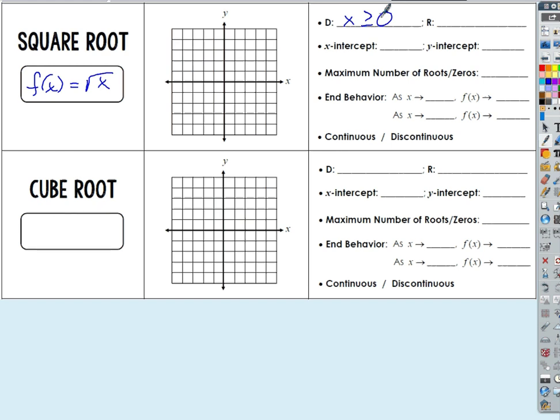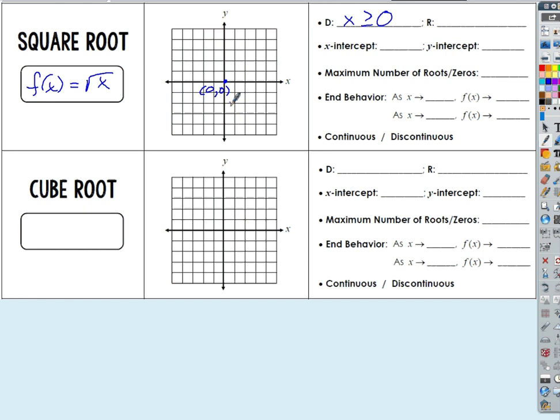Okay. Now let's graph a few key points on our function. If I evaluate my function at 0 to get the y value, what is the square root of 0? 0. So we know we've got a point at (0, 0), right? I can't put in a negative number, but I could start to put in some positive numbers. What if I let x equal 1?